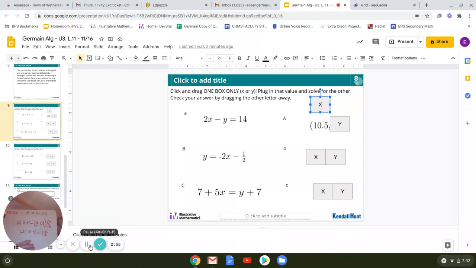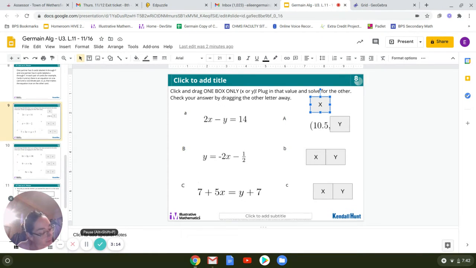Now I need to isolate, or get, that y by itself. First I need to move that 21. It's a positive 21 right now, so the way we move it to the other side is subtracting 21 from each side.